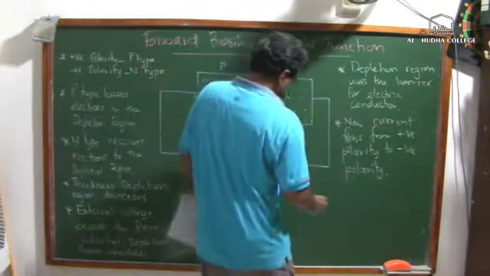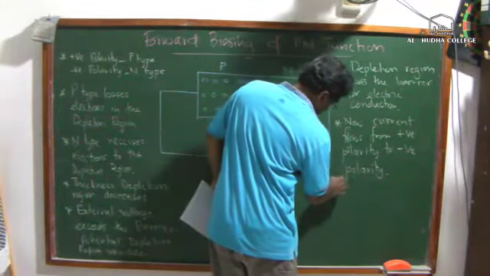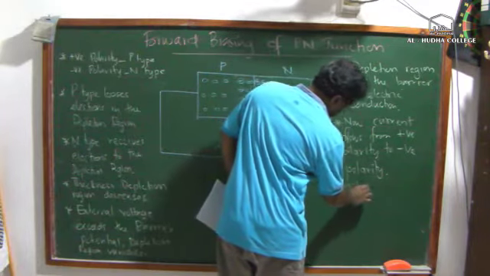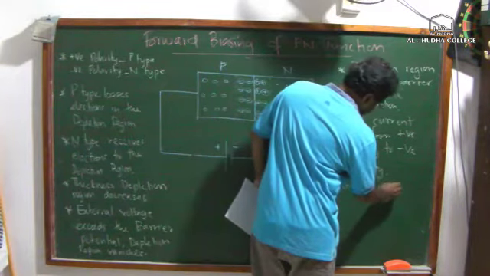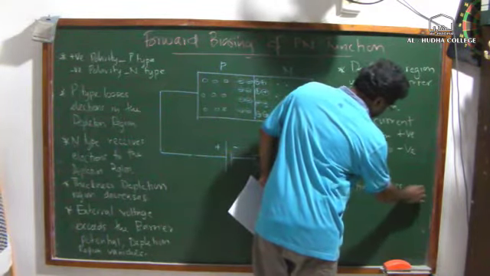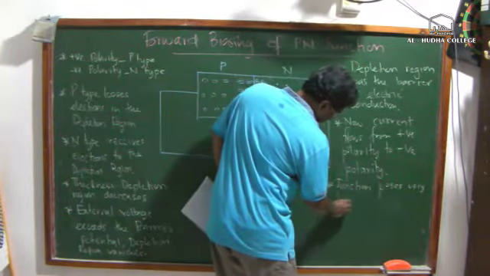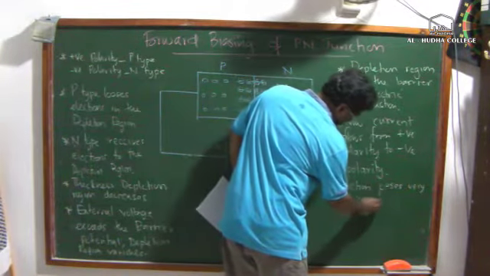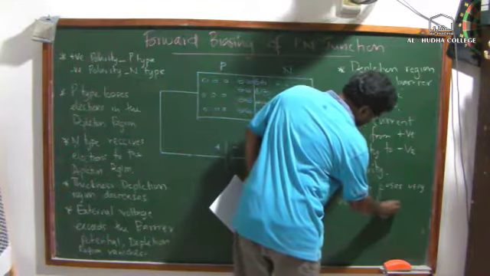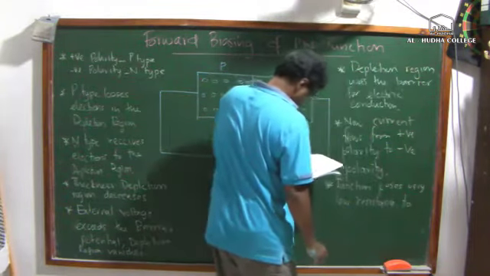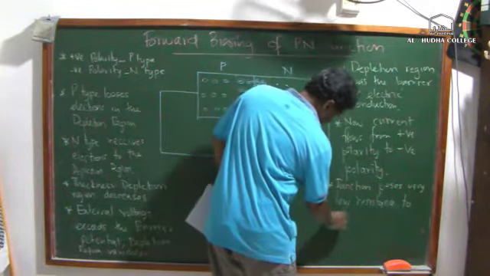The junction causes very low resistance to current flow.